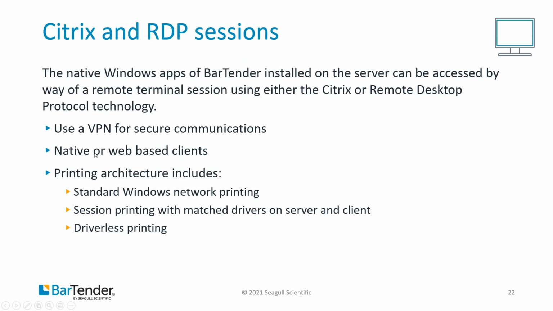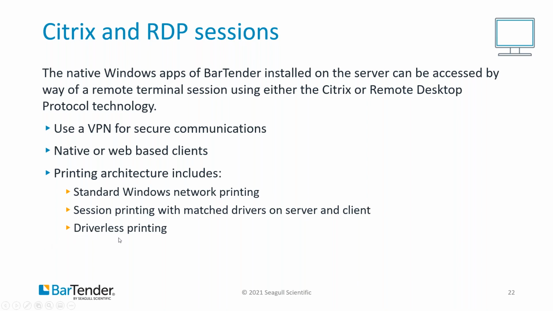Citrix and RDP will typically offer a native Windows client, or these days it's available as a web-based client, so you don't even need to install anything as such on the client PC. And of course, it supports various types of printing architecture, ranging from standard Windows network printing, session printing, where you'd have an instance of the printer driver on the server and a matching instance of the same printer driver model on your workstation PC.